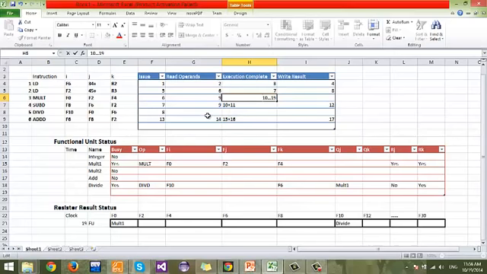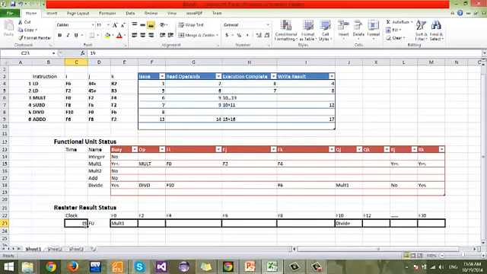No, because mult has not yet written its results. Okay, let's remain on this slide. The first one is the clock cycle at which it entered the execution stage, and the last one, 19, is the clock cycle in which it finished the execution.